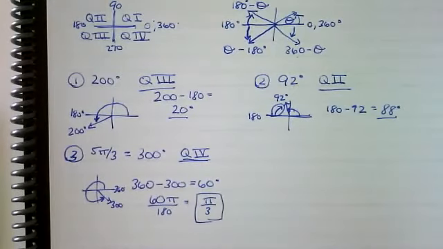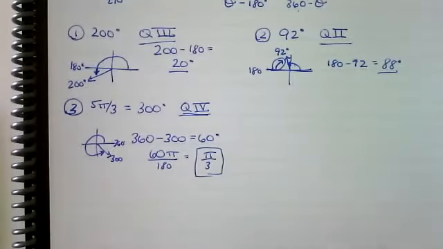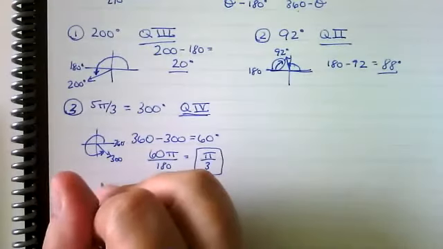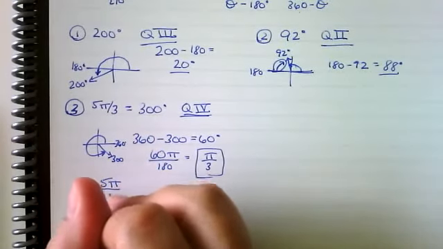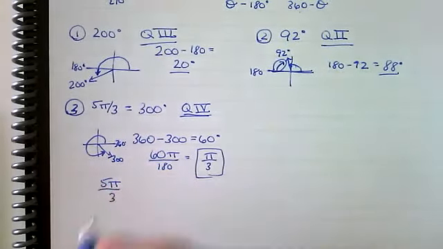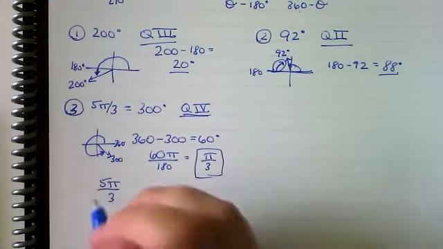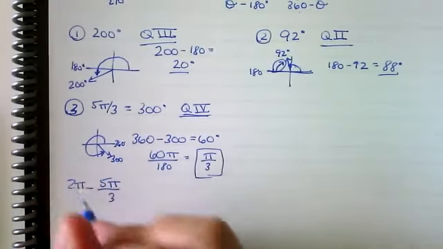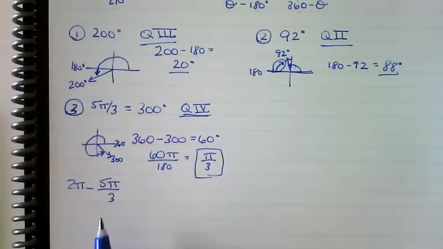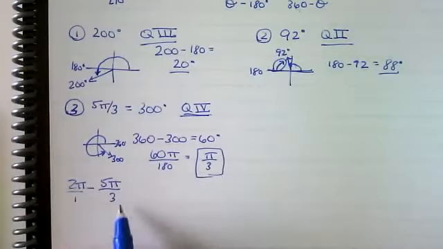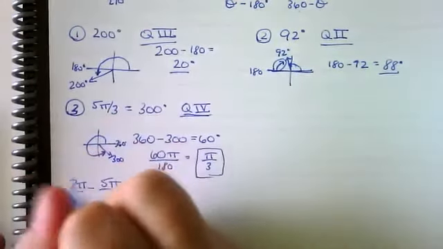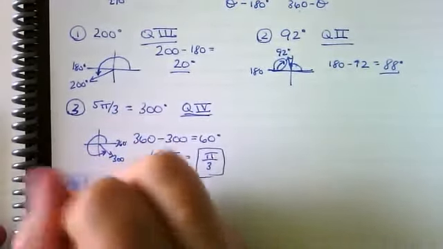Okay, if you wanted to, you could also do it with the fractions. I'll show you that way too, if you want to deal with the fractions. So I'm doing 360 minus 5 pi over 3, right? So that's 2 pi minus 5 pi over 3. I can change this fraction. Remember, it's 2 pi over 1. I need a common denominator, so it's actually going to be 6 pi over 3.